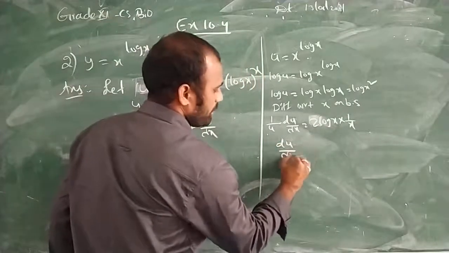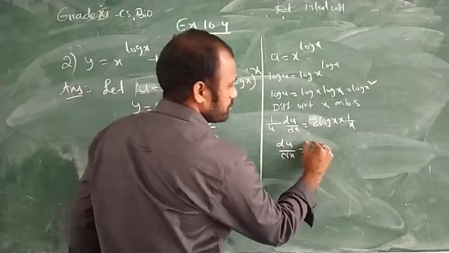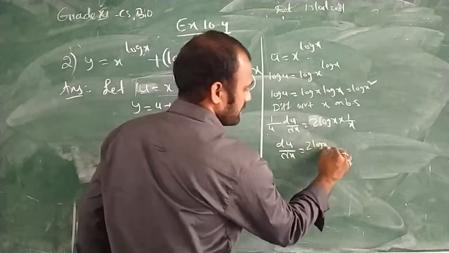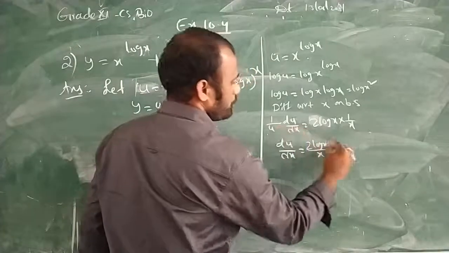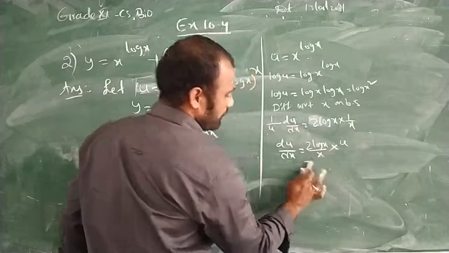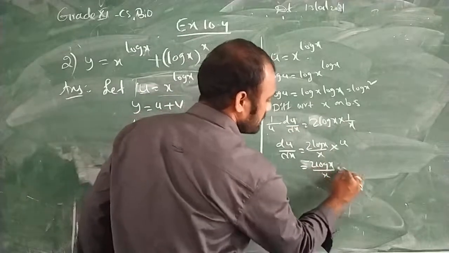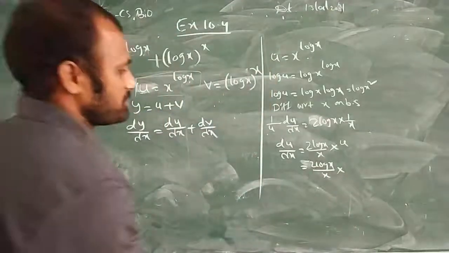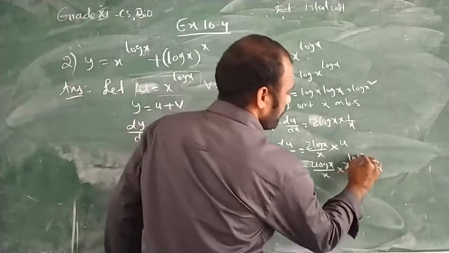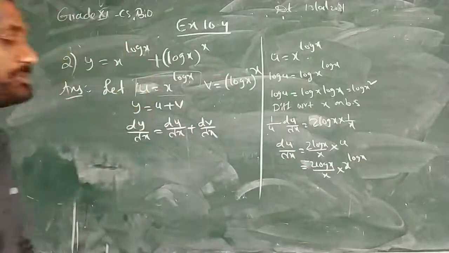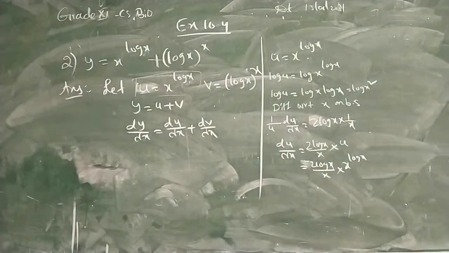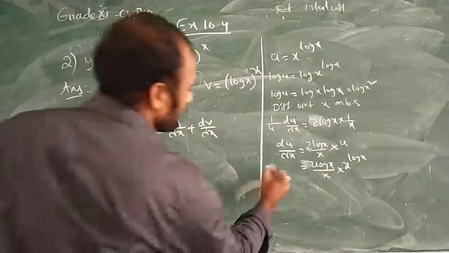So du by dx is equal to 2 log x divided by x into u. So we know the function of u, so du by dx is 2 log x divided by x into x to the power of log x. So this we have differentiated with respect to x.